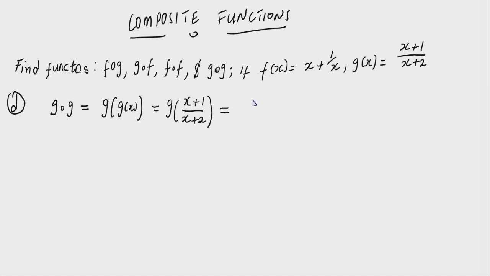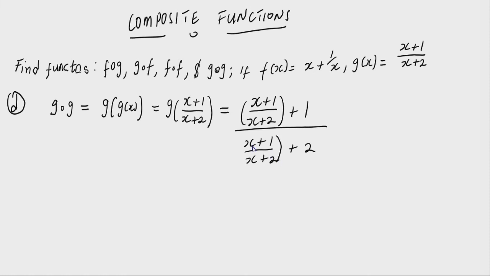So this is our new (x plus 1) divided by (x plus 2), plus 1, divided by (x plus 1) divided by (x plus 2), plus 2. So here we're just going to go ahead and get the lowest common denominator.